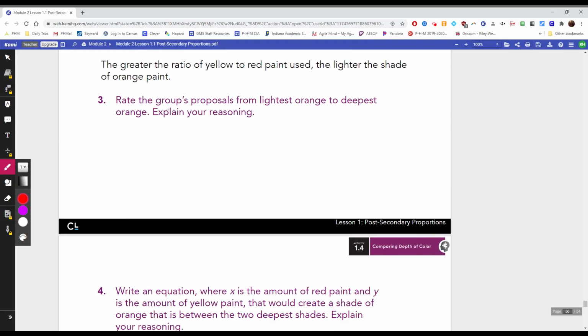Here we go. So Avi's group is the lightest. Next, it would be Paul's group. And then the deepest orange would be Xander's group.